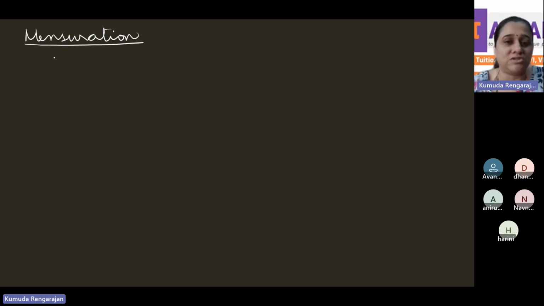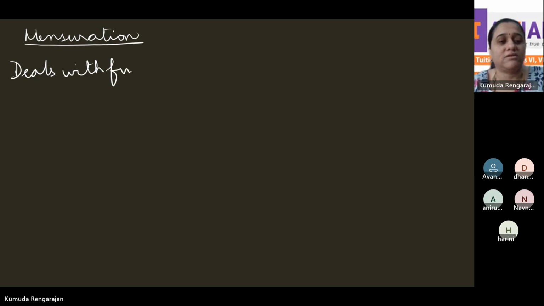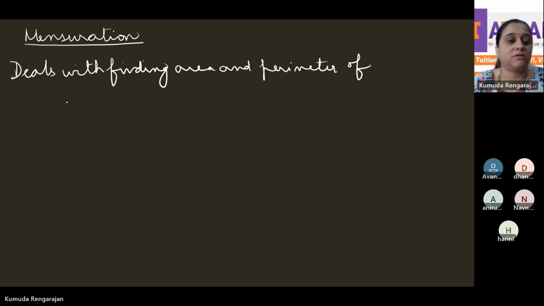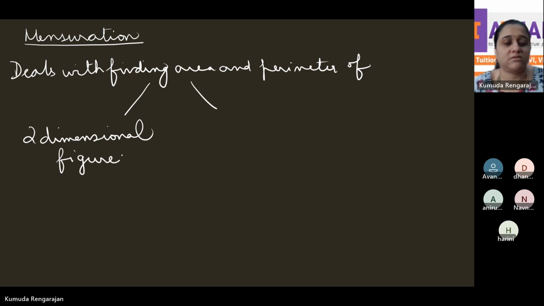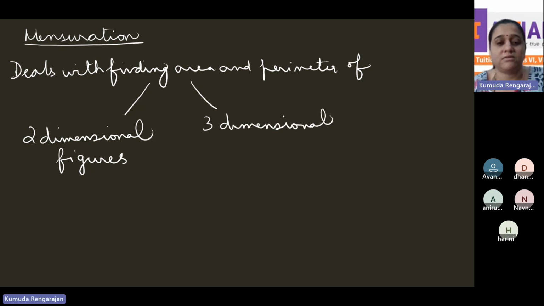So mensuration, this chapter deals with finding area and perimeter of two-dimensional figures and three-dimensional figures.